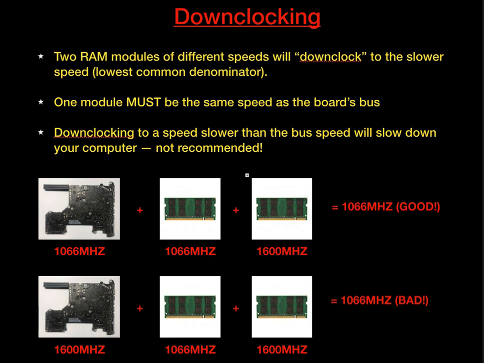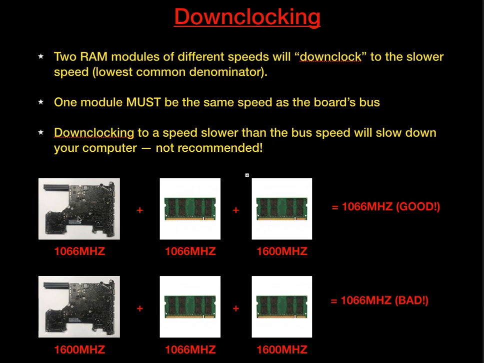If you don't have one module that's the same speed as the board's bus, you're going to have problems. Downclocking to a speed slower than the bus speed will slow down your computer. If the lowest common denominator is slower than your board's bus, it'll drag the overall speed of the whole system down below the computer's potential. You want your machine to run at the top speed that it was designed to run.